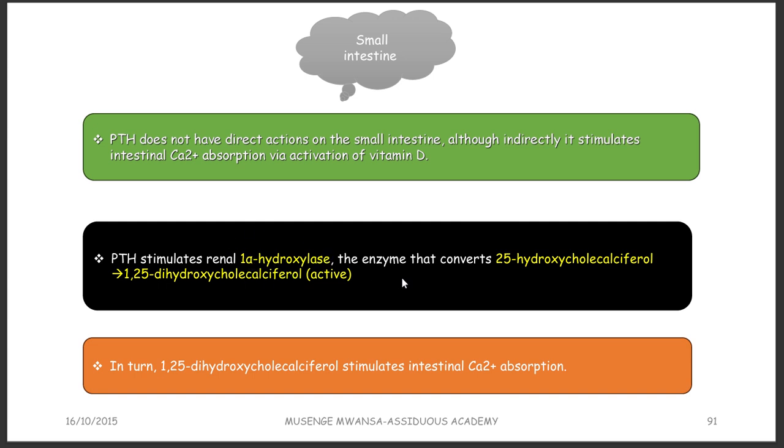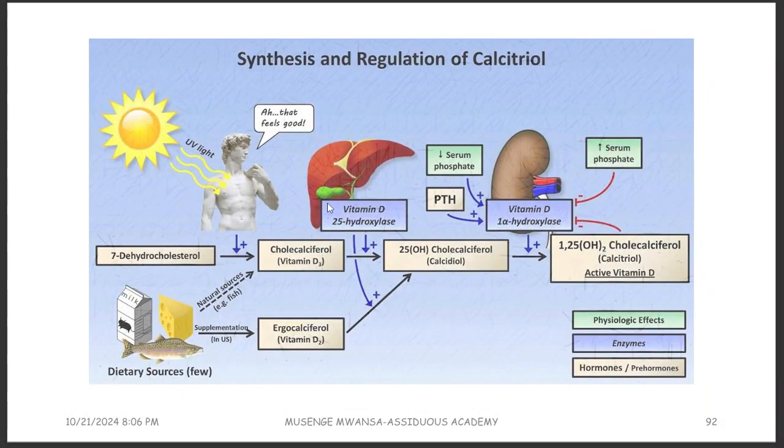This enzyme is the one that will be able to convert 25 hydroxycholecalciferol to 1,25 dihydroxycholecalciferol, which is the active form of vitamin D. And then this active form of vitamin D will go and act on the intestines to cause the absorption of calcium. So what converts 25 hydroxycholecalciferol to 1,25 is 1 alpha hydroxylase. So this is what is happening. You can see here, it's a nice mechanism.